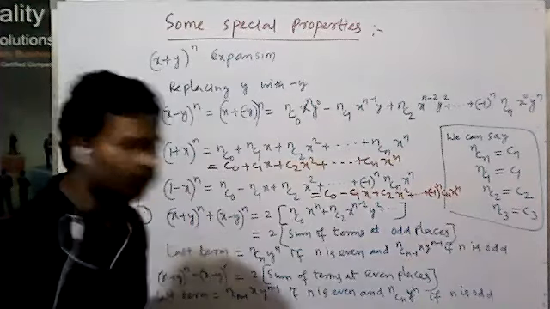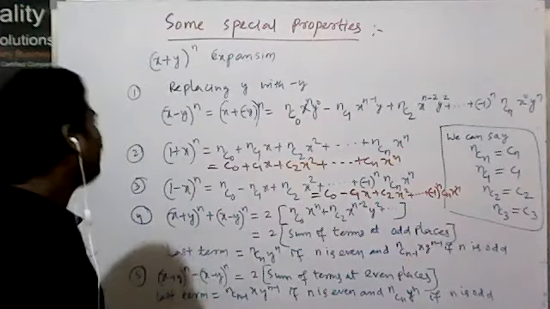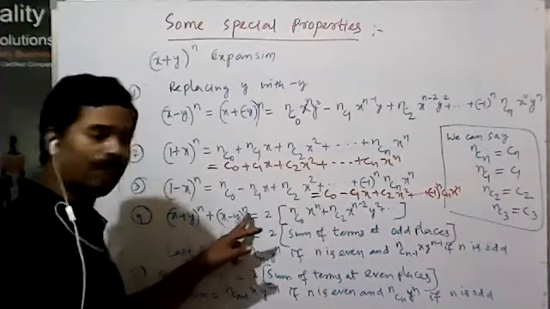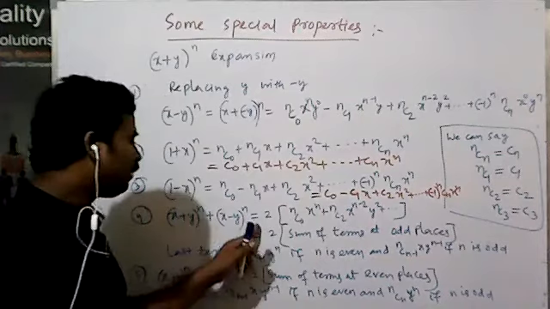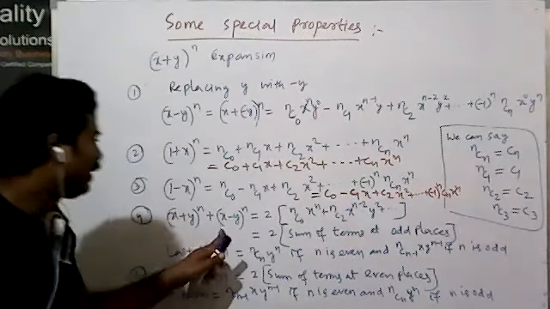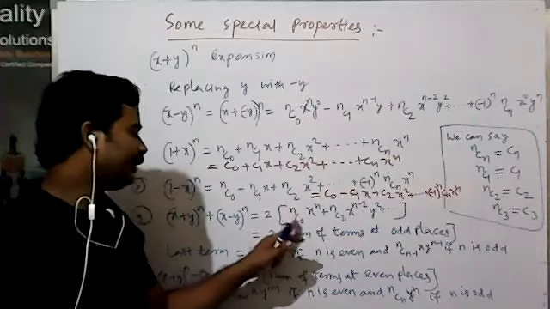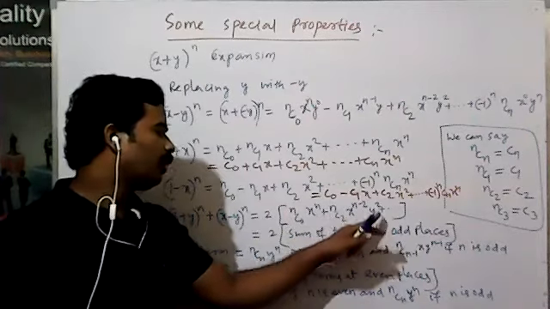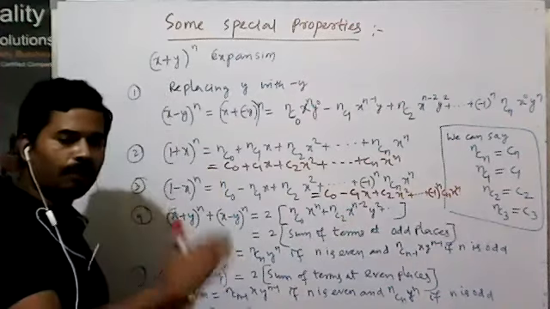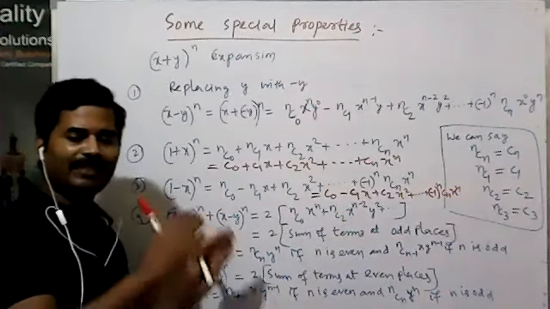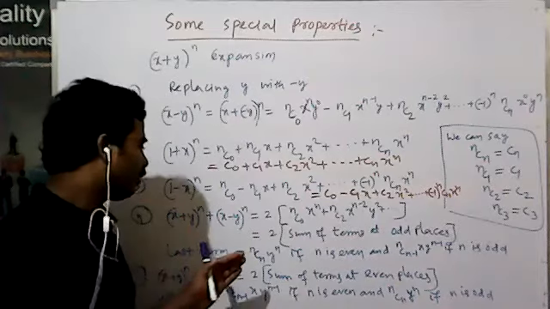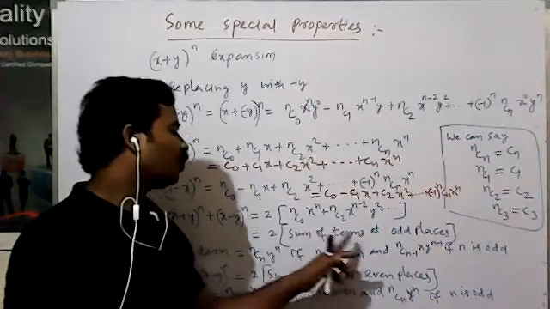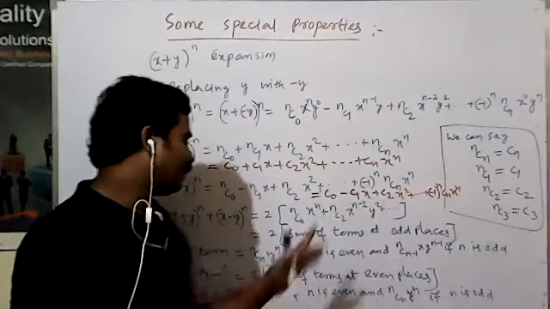We can write also here, x plus y to the power n plus x minus y to the power n is equal to, that is two added, that is 2 into nc0 x to the power n plus nc2 x to the power n minus 2 y square plus dot dot. Means odd terms and even places are solved, deleted, remaining what, sum of terms at odd places.